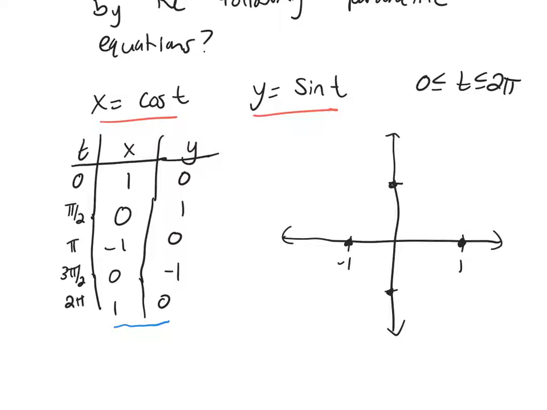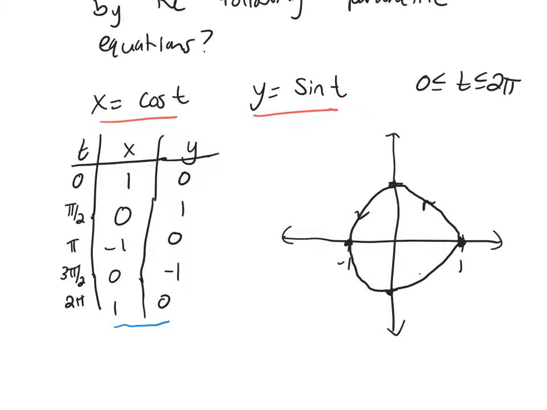So we probably needed more points than this to figure out what the picture looks like, but I'm going to go ahead and fill in the picture for you. Maybe we should have chosen some more angles than we did. And here's what the curve looks like.